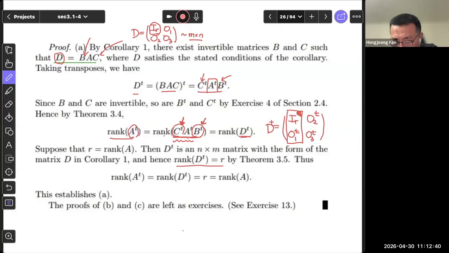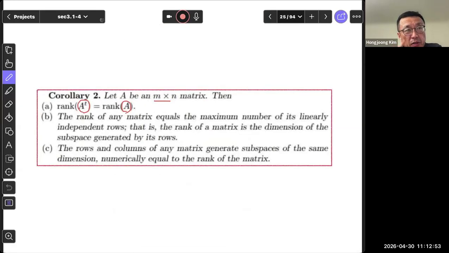Okay, so rank of A transpose is the same as rank of A, and that will be R, and this R was the rank of A matrix. So the transpose does not change the rank. Okay, now what was the meaning of rank of A?